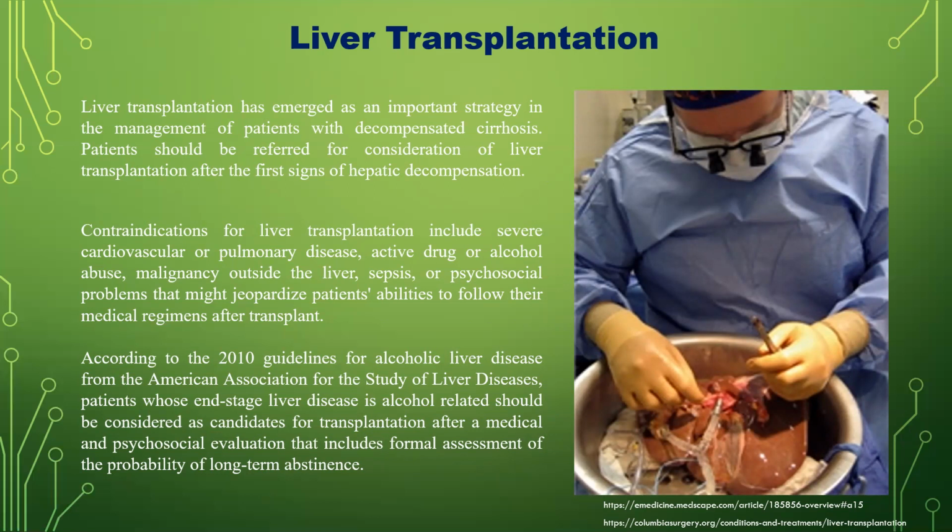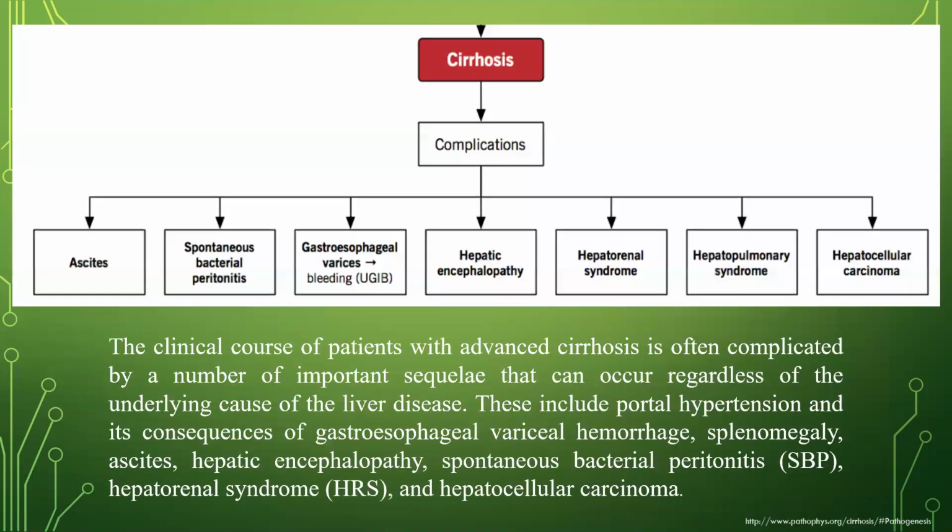According to the 2010 guidelines, a patient whose end-stage liver disease is alcohol-related should be considered a candidate for transplantation after medical and psychosocial evaluation that includes formal assessment of the probability of long-term abstinence.